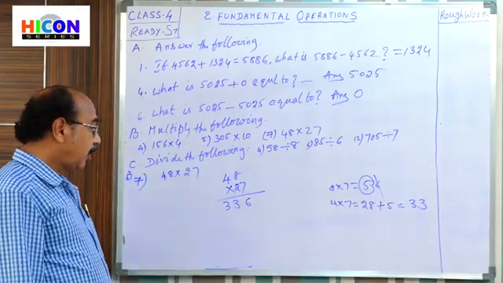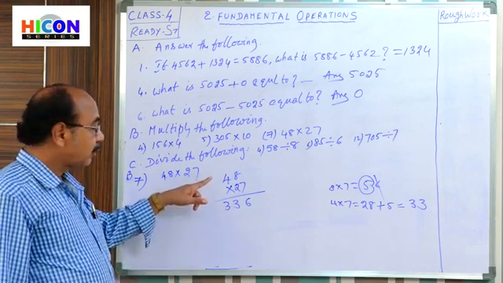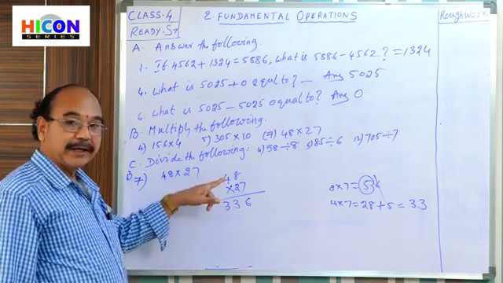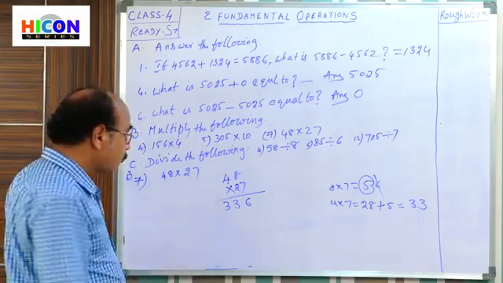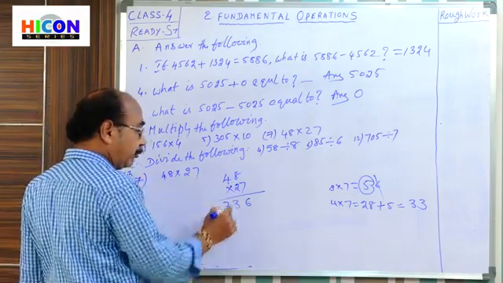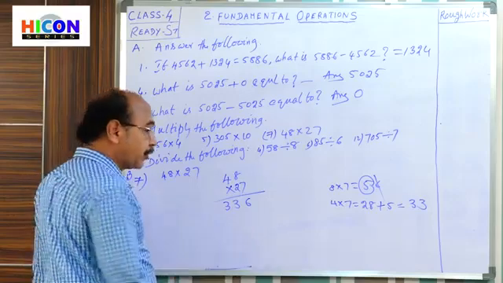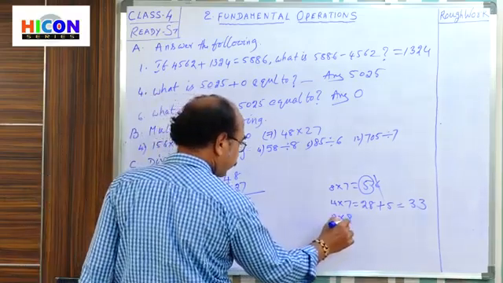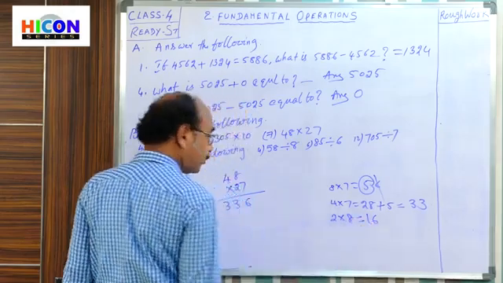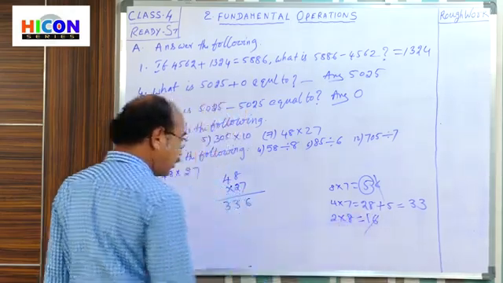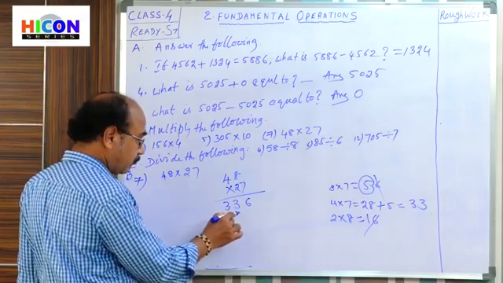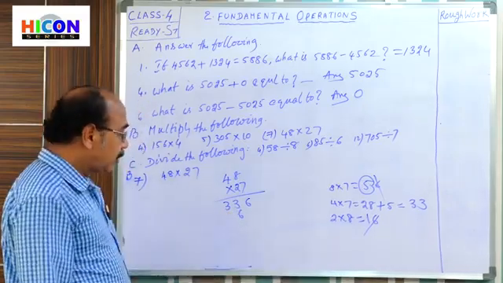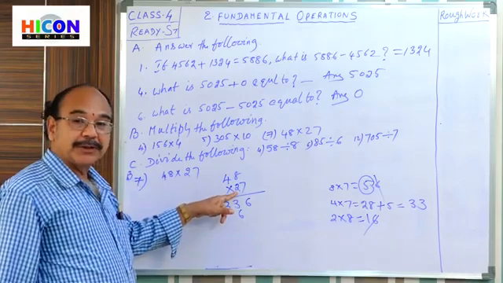Look at it. Now multiply the number 48 next with 2. 2 into 8. 2 eights are 16. Write 6 in the tens place. Why? Because we are multiplying with the tens place digit.